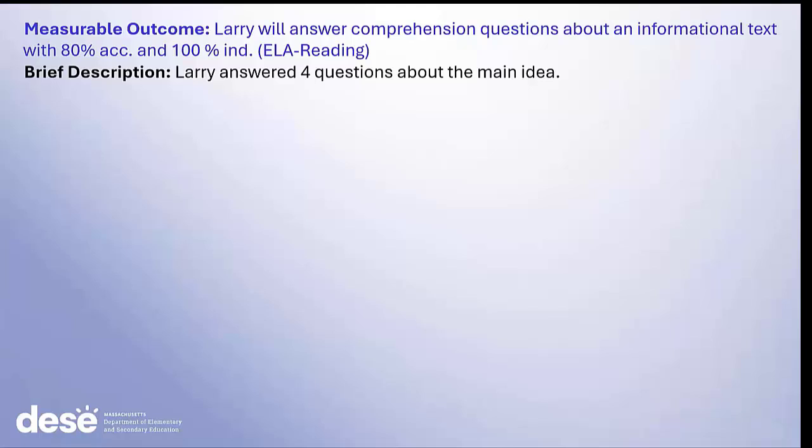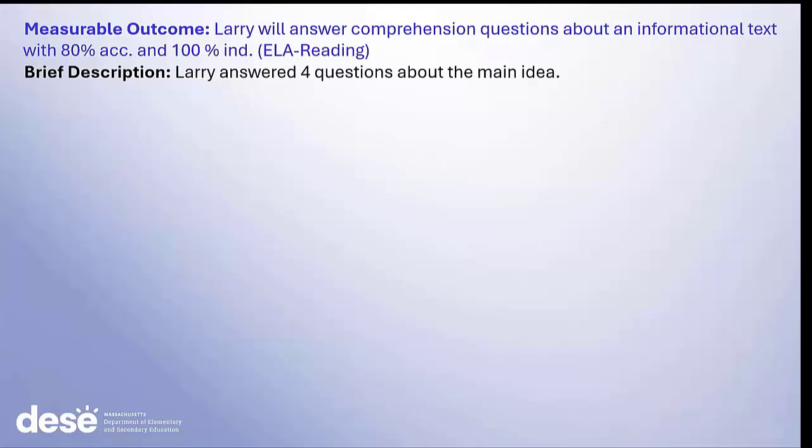All right, I'm going to go with 80% that participated. That's my mastery. So let's take a look at this. 84% said it was not acceptable, and 16% said it was acceptable. So let's see. He was going to answer comprehension questions about informational text.